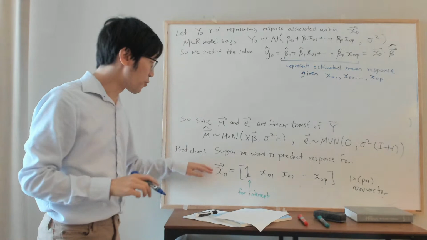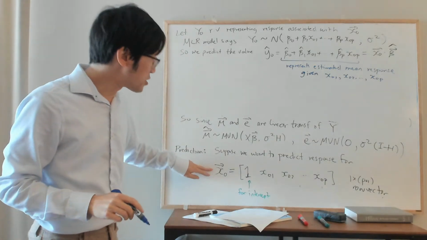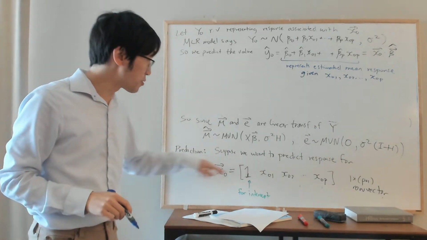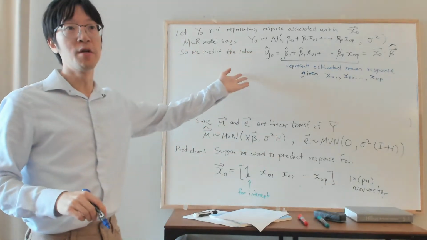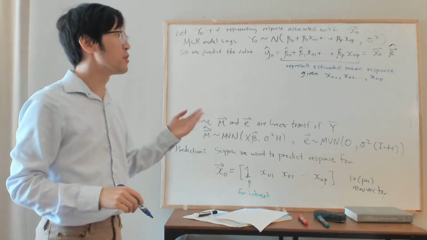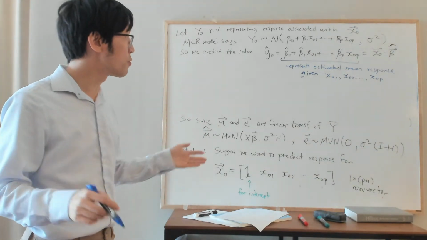For those specific values of our predictors, y0 hat represents the estimate of the mean.